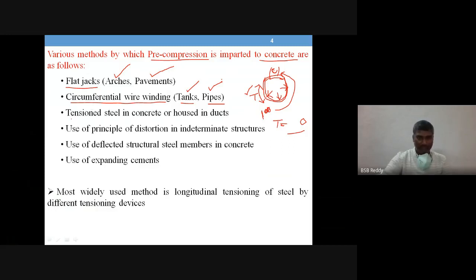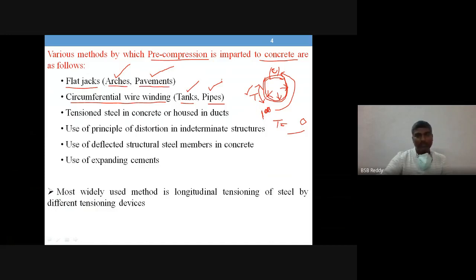And the third technique to induce compression in concrete is flat jacks. This technique is applicable for arches and pavements.